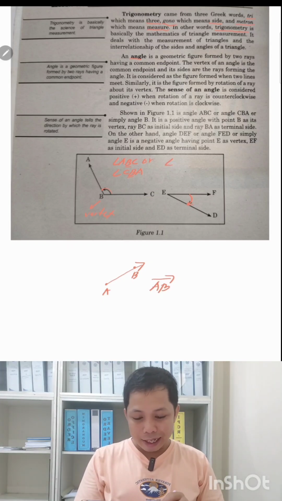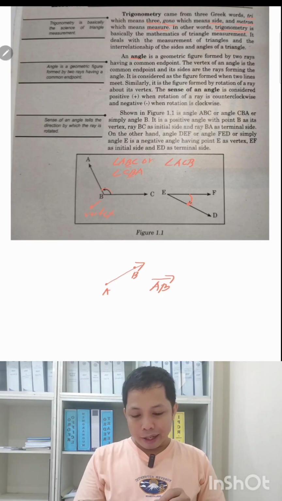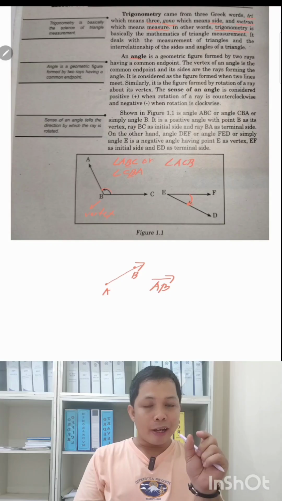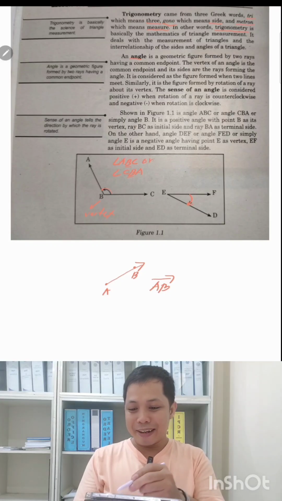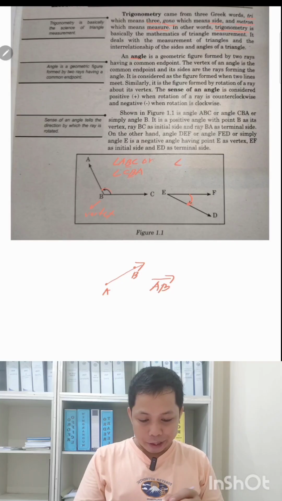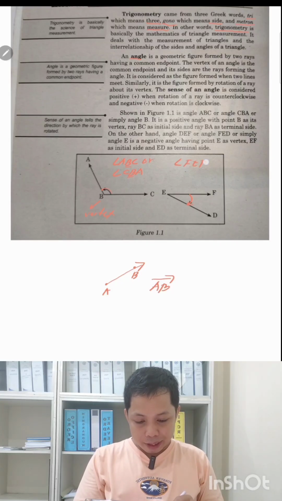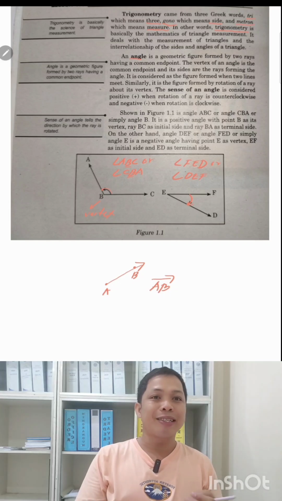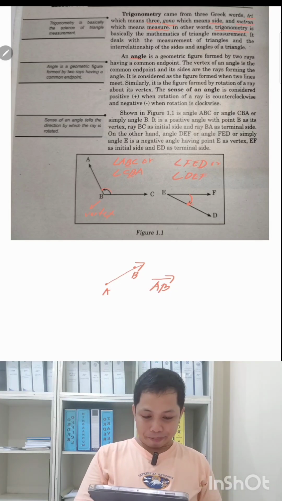You cannot name this angle as angle ACB, because the vertex must be in the middle of the name of the angle. Let us name the second angle. We can name it as angle FED or angle DEF, because the vertex is E.